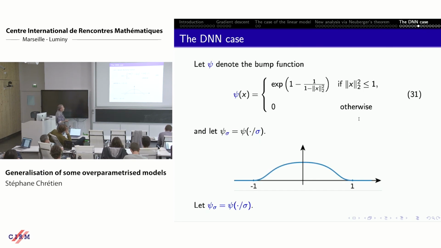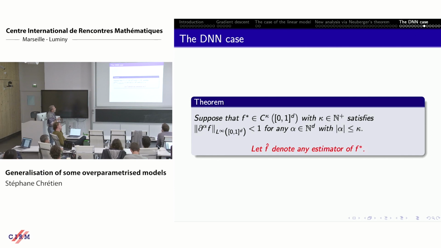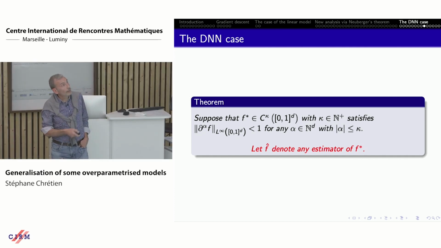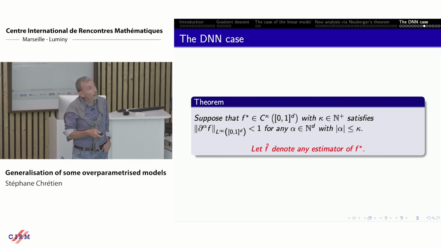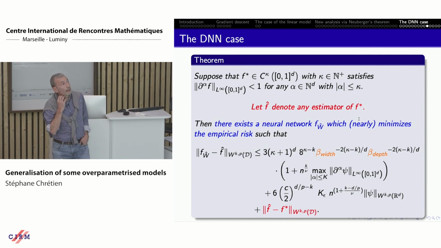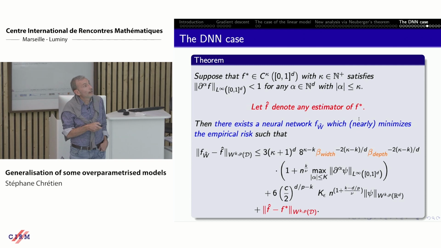You define the bump function like this, which is something that you all know. And you have this theorem, which says that if your initial function defined on [0,1]^d is kappa times differentiable and satisfies this, with a multiplicative constant in case it's not satisfied, for all the derivatives, and if you have any estimator of f star available, then there exists a deep neural network whose distance to this estimator is very small, in fact.